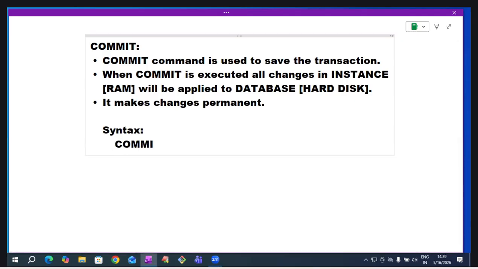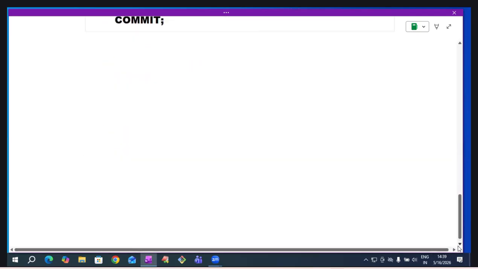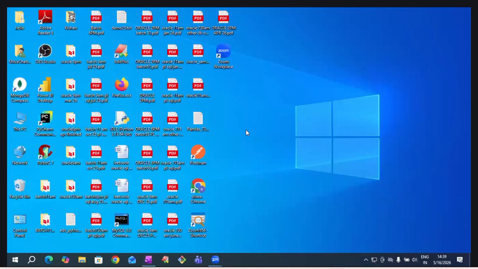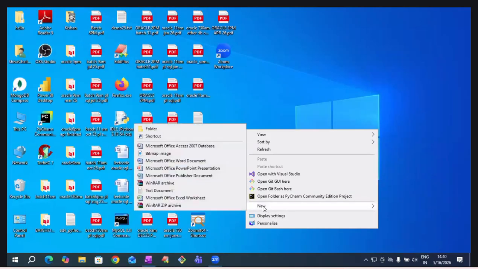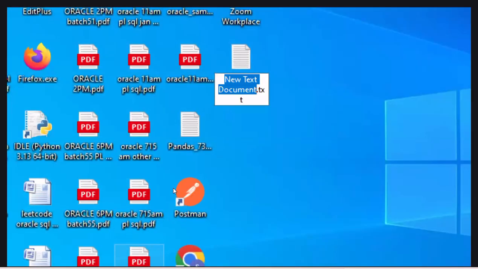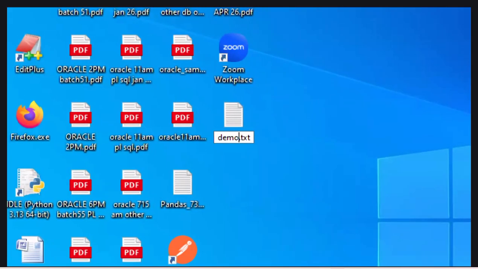Syntax: commit. Okay, first understand this example, sir. Listen. When I ask the questions, give the response here. Now, on the desktop, I am creating a new notepad file, sir. New text file. See here, new text document. I'm naming it demo 100.